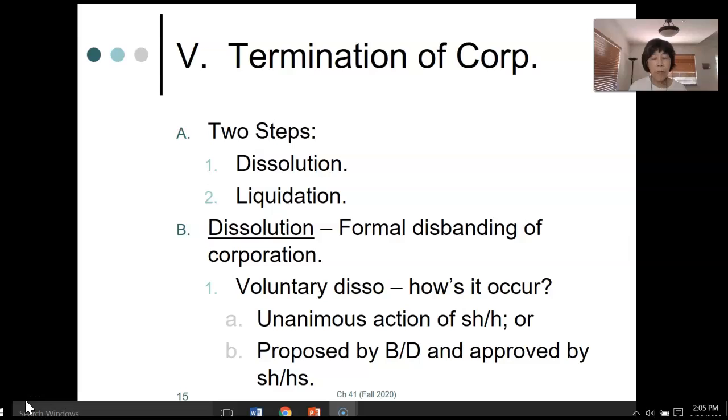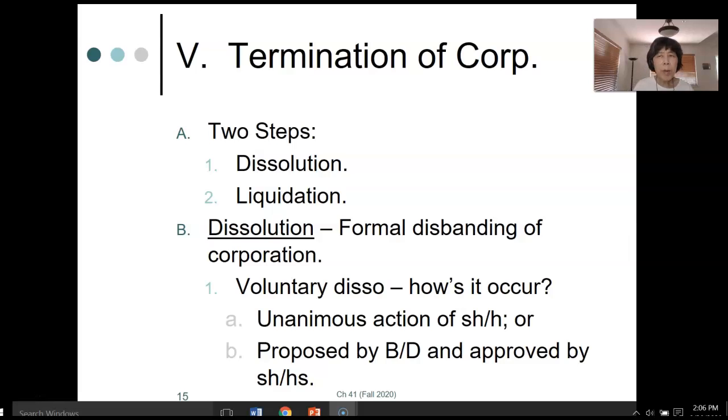And this can be done voluntarily, or it could be done involuntarily. So if you have a voluntary dissolution, and I've abbreviated it here to DISSO, okay? So dissolution, how does that happen? Well, it could be upon the action of the shareholders. If the shareholders unanimously take a step and agree to dissolve, then that's the first step that would have been completed.